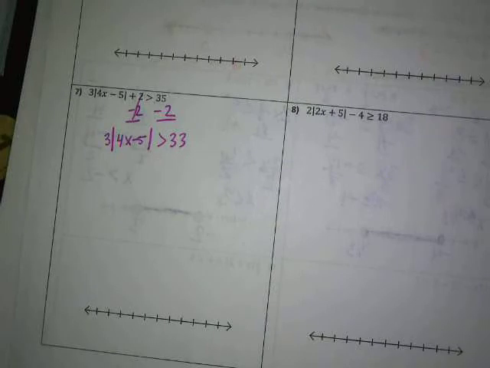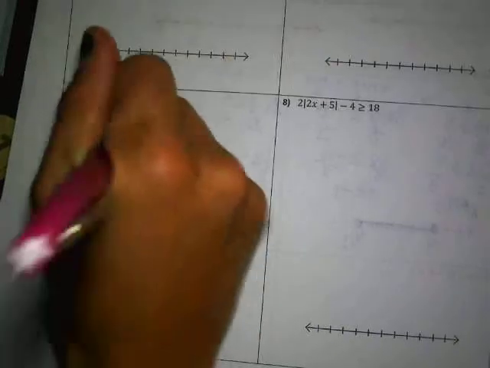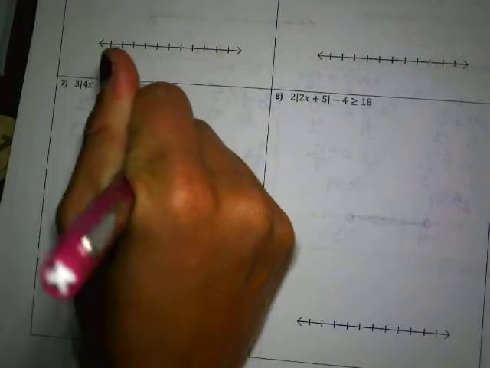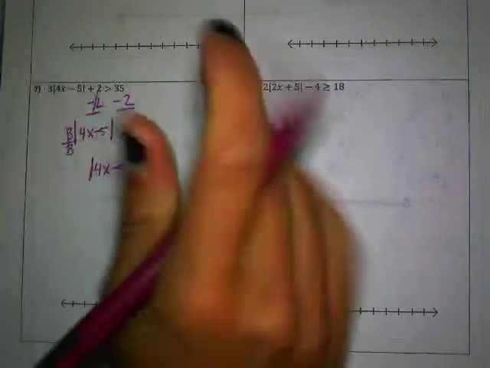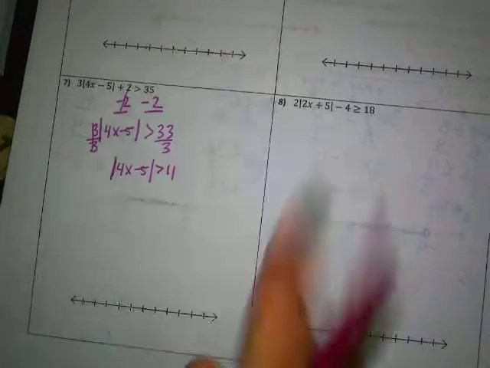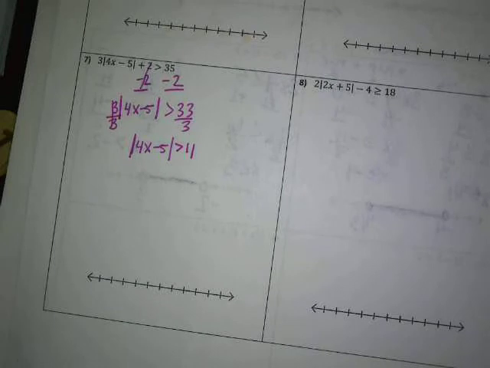Divide by 3. Now, a lot of y'all are not getting your absolute value sign by itself before you split up your equation. You have to get it all by itself before you can split it up and take your bars away. So, once again, you have to get it all by itself.